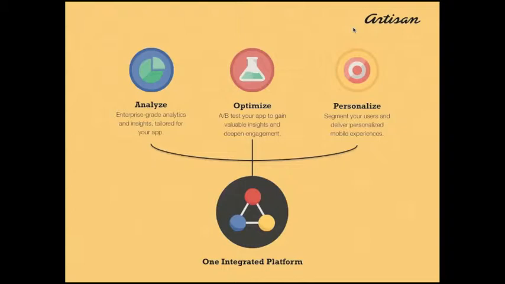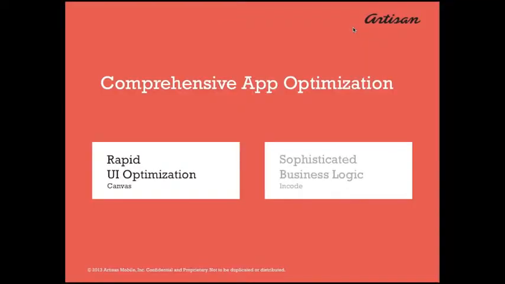That could be a demographic, it could be purchasing behavior, it could be, again, a loyalty level. And the great thing is that you're able to use all these products within the same platform, and you're able to make real-time changes to your UI without having to resubmit to the App Store. And Scott will talk to you more about how we do that in just a minute.